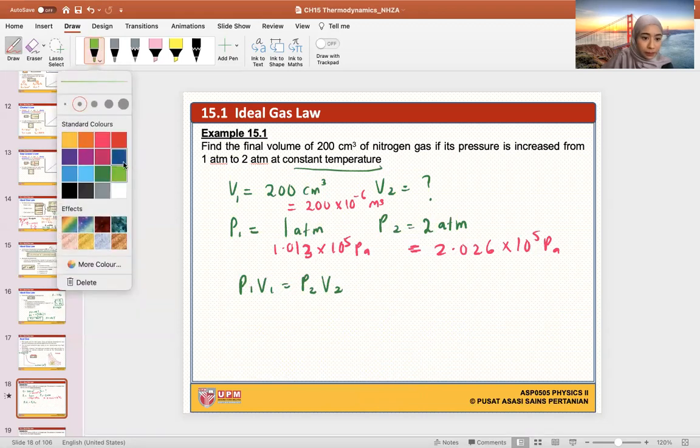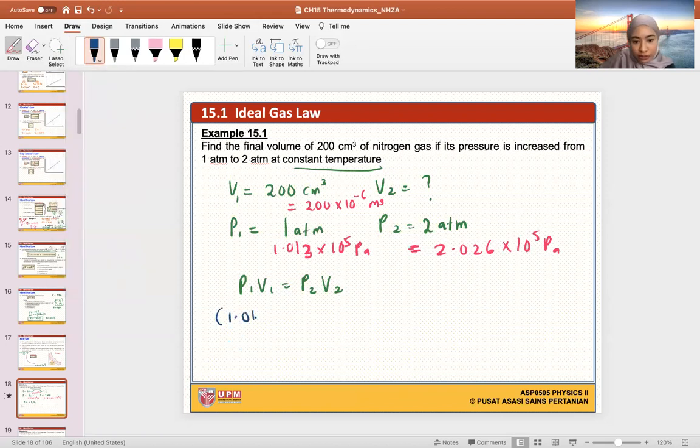It looks easy, right? But some people still get it wrong. So this is why I go through these questions even though they seem easy. Sorry. Okay, so V1 is 200 times 10 to the minus 6. P2 is 2.026 times 10 to the 5. And this guy is what we are trying to find.